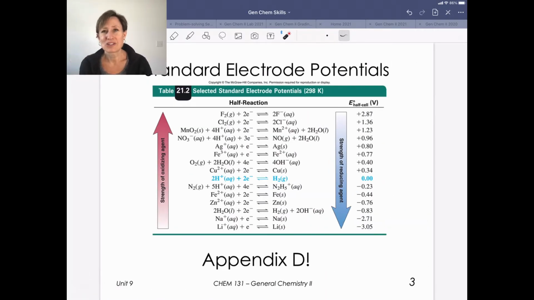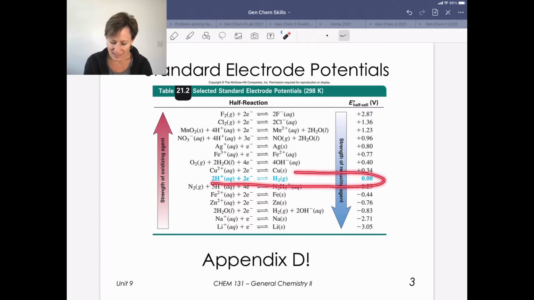So this all has to do with the last appendix that we're going to have as part of some reference data that we'll use for calculating problems here, and this is Appendix D. Appendix D is a list of standard reduction potentials. This is a short version of this list right here. We're going to see that there's something in the middle here that is 0.